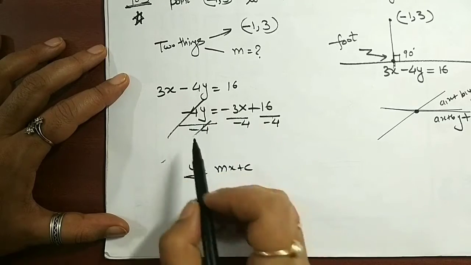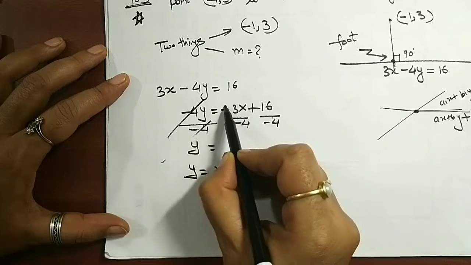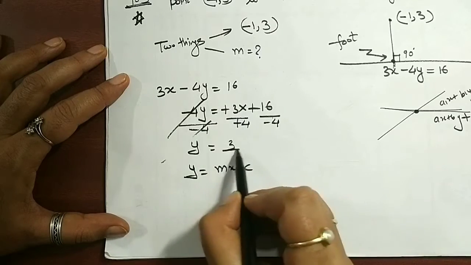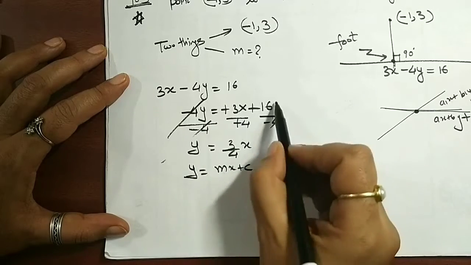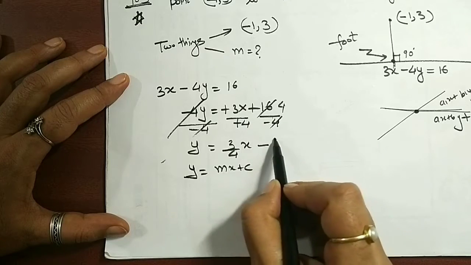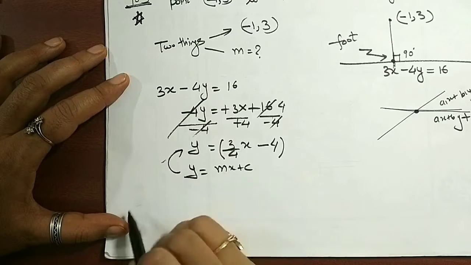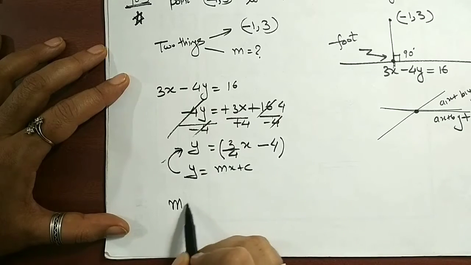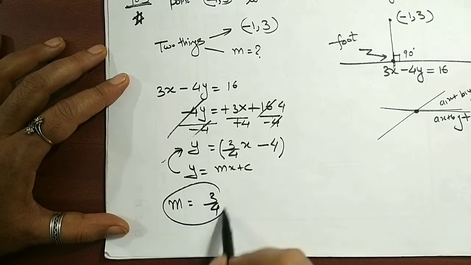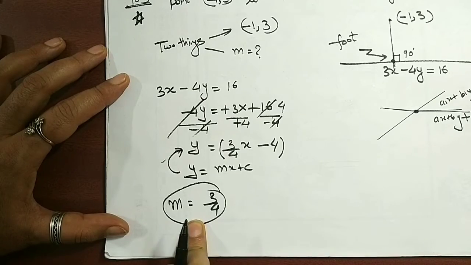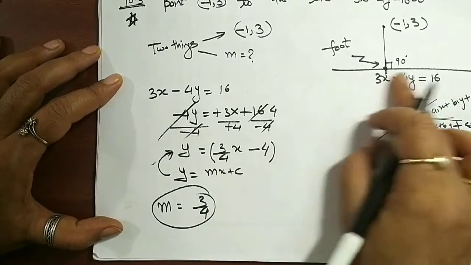So, this will cancel. So, I am getting y is equal to, this will become plus, so it is 3 by 4 x. And 16 divided by minus 4 will become minus 4. So, I am getting this form. Now I will compare it with this. If I compare, so m is clearly 3 by 4. So this 3 by 4 I am getting for this line.